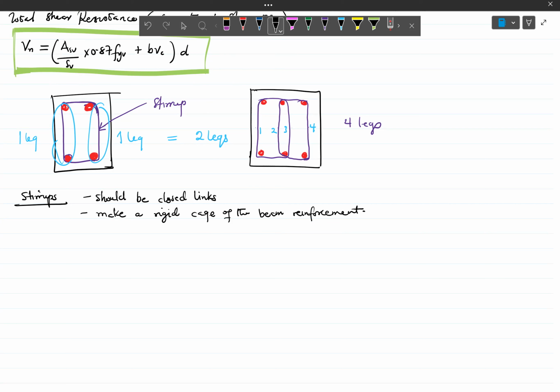And again, all tension rebars must be enclosed by the links.